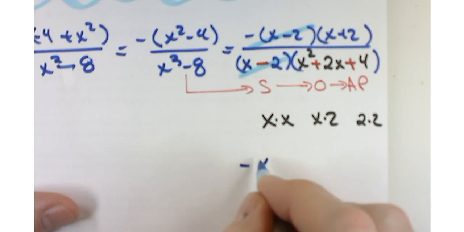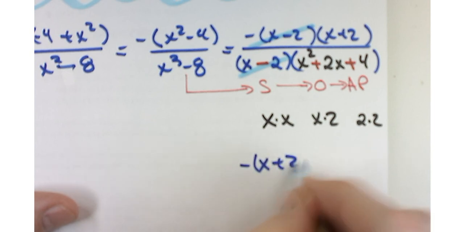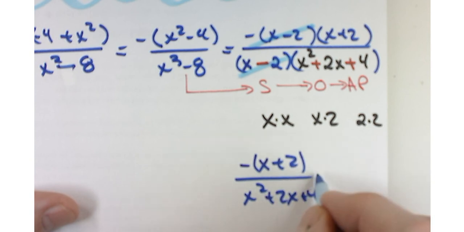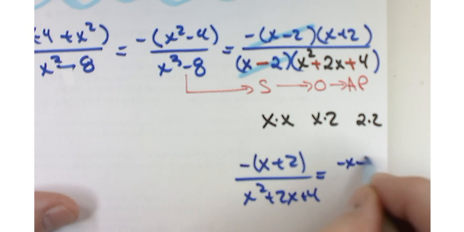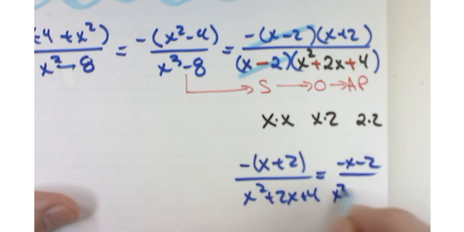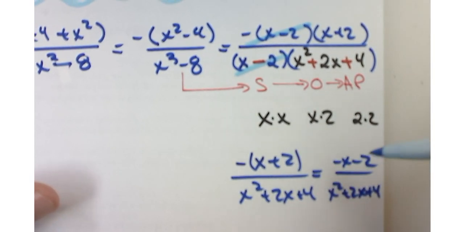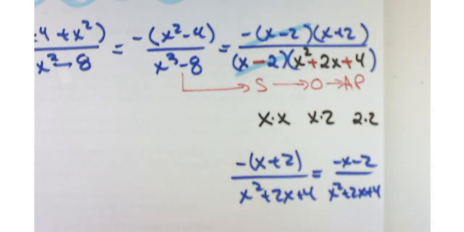So after all that work, we simplify down to minus x plus 2 over x squared plus 2x plus 4. You could, if you wanted to, distribute that term in the numerator. But it doesn't matter to me if you do or don't. Either way, it's correct. Just be careful that you don't lose track of that negative.